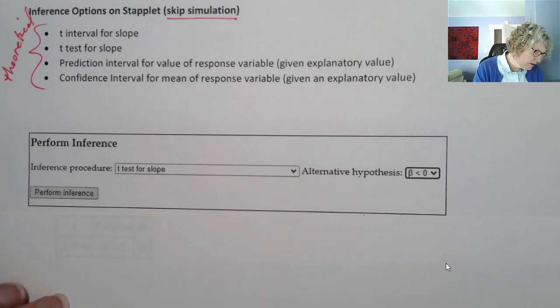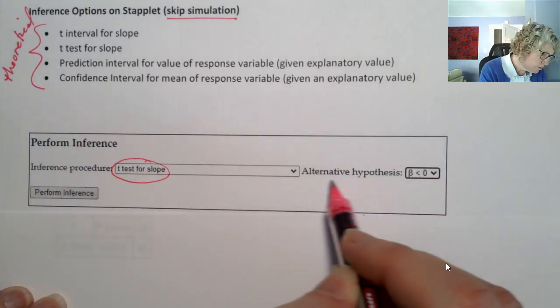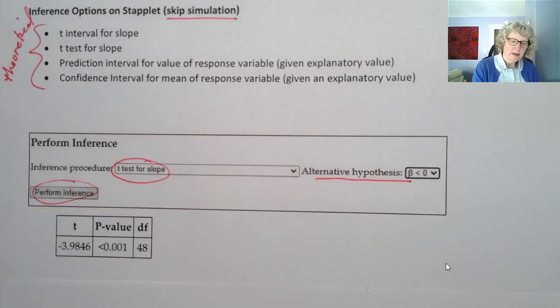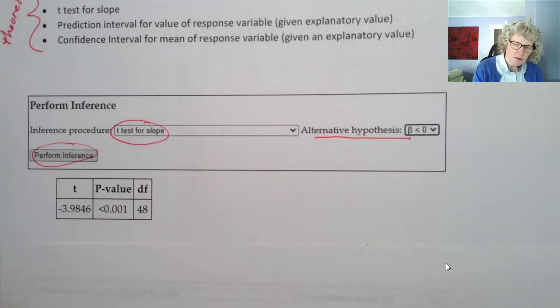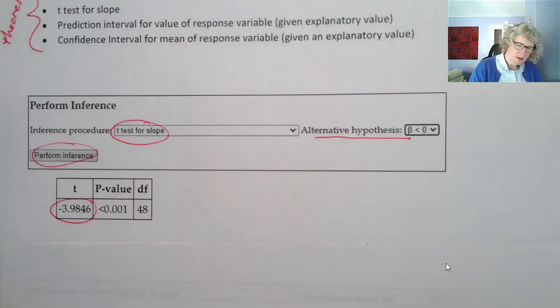Okay, so let me show you that on the notes. On the notes, we did a t-test for slope. We put in our alternate and performed inference, and that's what we got. But we can get more precise on our t distribution. But our test statistic matches what we got.